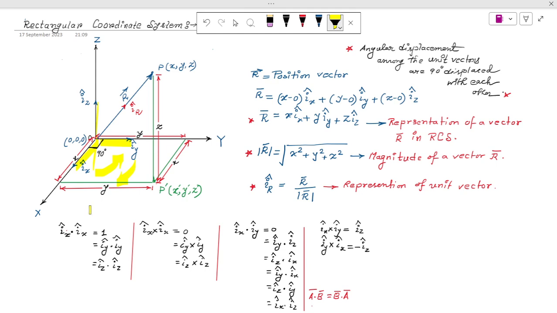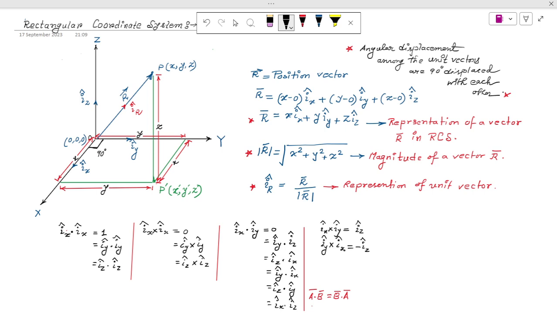This is the important notation you have to remember. So the answer is the same but the direction will be opposite. That's why you have to put a minus here. Similarly, you can proceed for the other cases also.